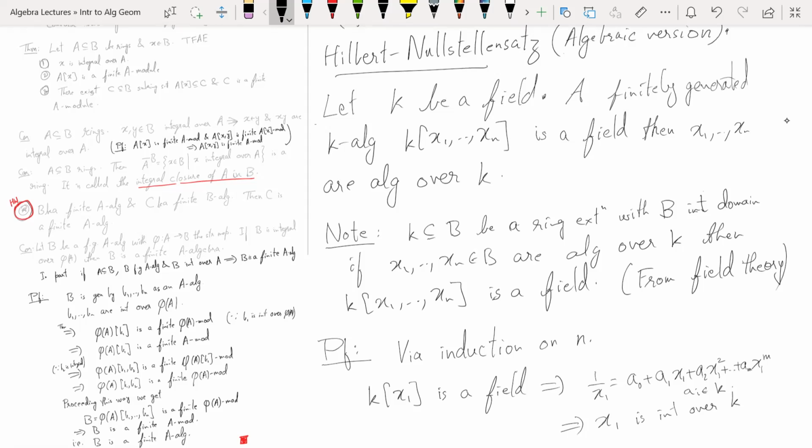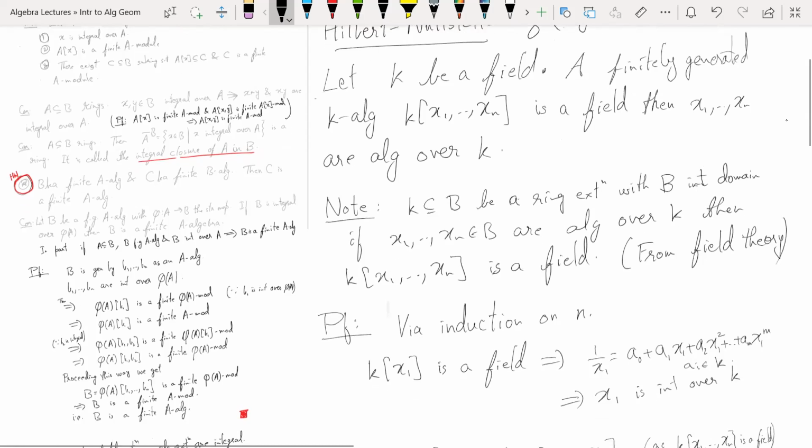So x1 is integral over K, algebraic over K. So the n equals 1 case is straightforward. It's the same as saying that algebraic field extensions are what you get by adjoining polynomial functions of that element.